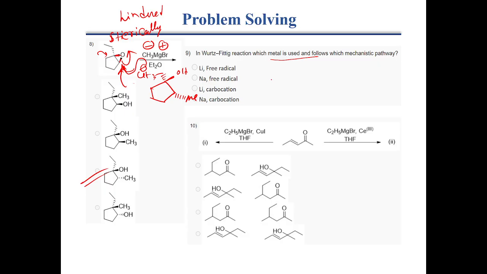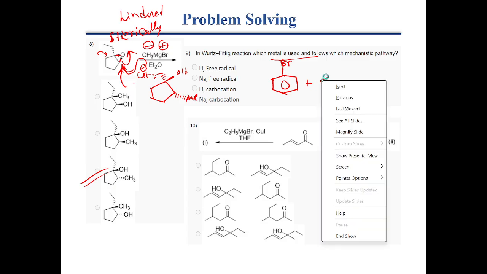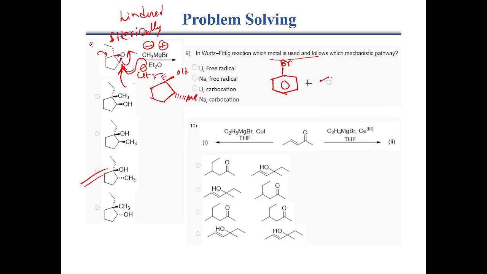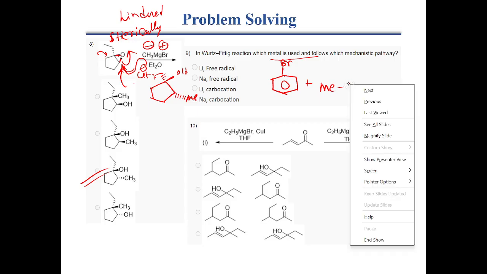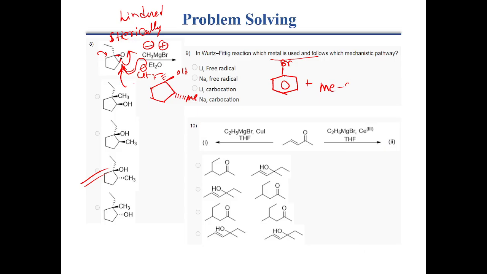In presence of alkyl halide or aryl halide, such as this aryl halide plus any kind of alkyl halide, in presence of sodium, the alkyl and aromatic will react and form a bond.